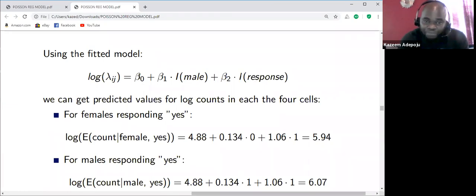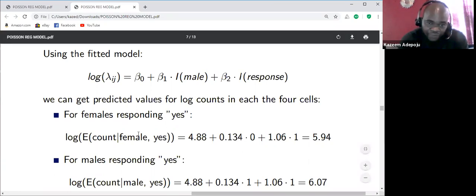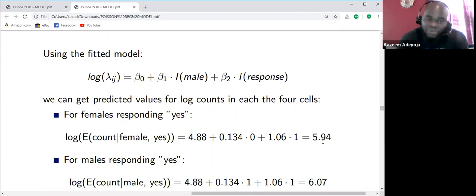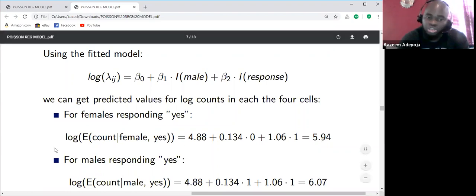Don't forget that beta naught is 4.88, beta 1 is 0.1434, and beta 2 is 1.06. For female saying yes, I put 0 for female and 1 for yes. Look at what I got: 5.94. The 5.94 here is the log of the expected count given female and yes.